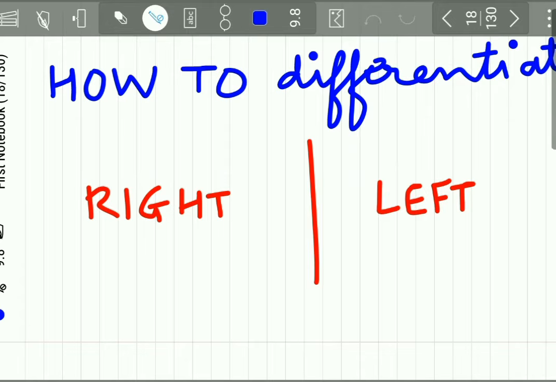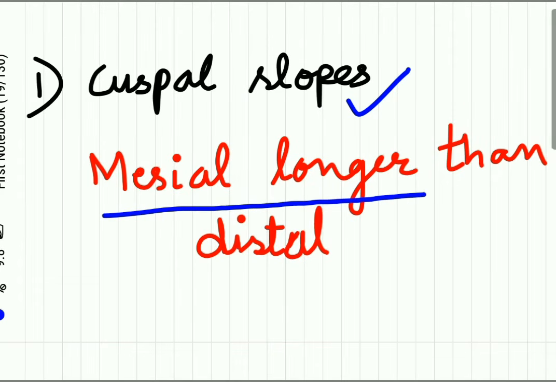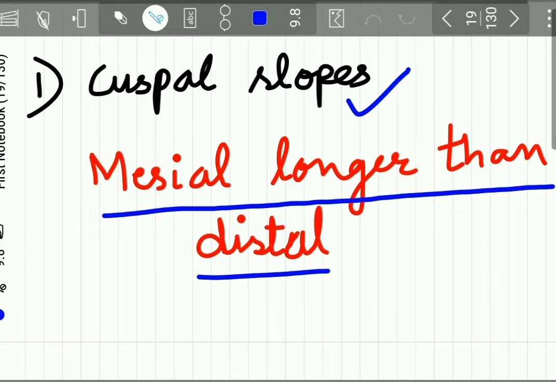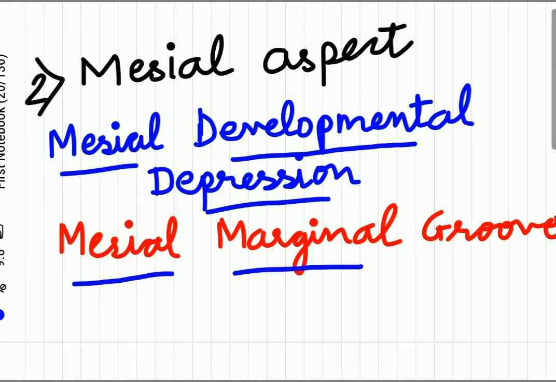Now, how to differentiate between the right-sided and the left-sided maxillary first premolar? First, consider the cuspal slope. We have discussed that the mesial cuspal slope of the maxillary first premolar is longer than the distal cuspal slope. Second, from the mesial aspect, you should appreciate the mesial developmental depression and the presence of the mesial marginal groove.